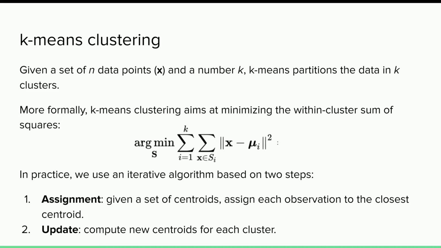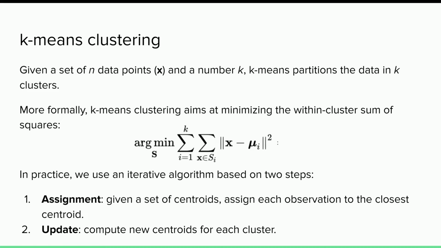The algorithm is the following. Given a set of n data points, so let's say you have 1 million cells, so n equals 1 million, in some kind of matrix X, and a number k. k is user-defined, and it's just the number of groups you want to partition your 1 million cells into. What k-means does formally is it partitions those 1 million cells into k groups.